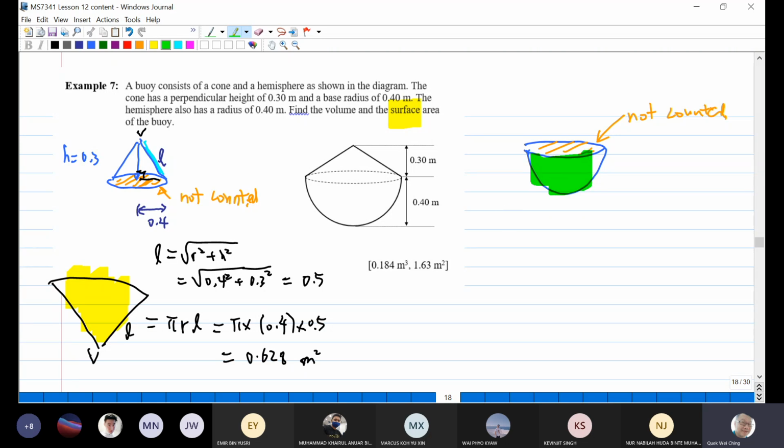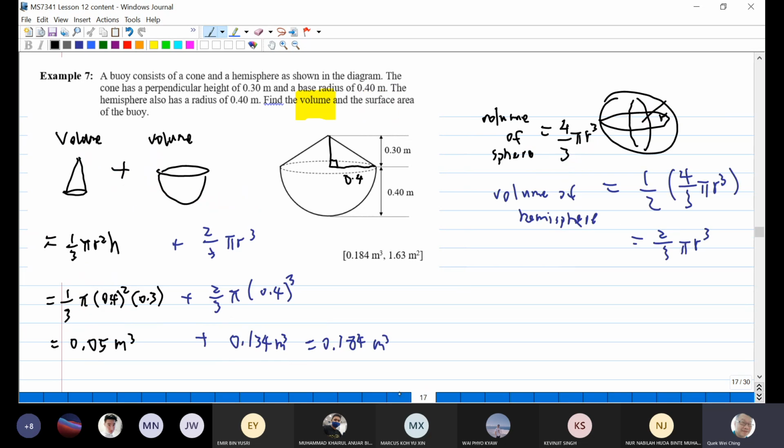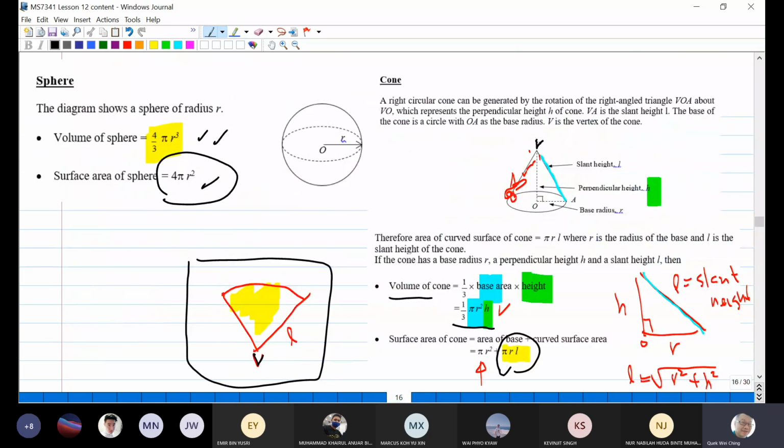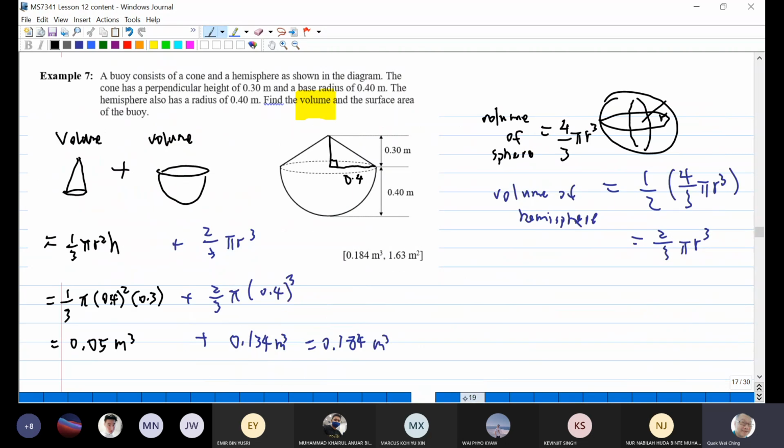The area of a sphere is 4 pi r squared, but this is half of the sphere now.